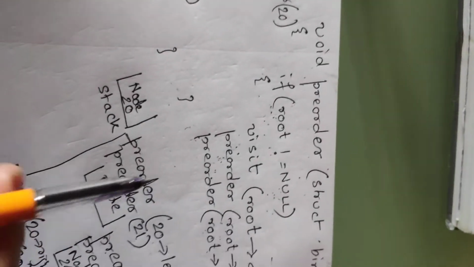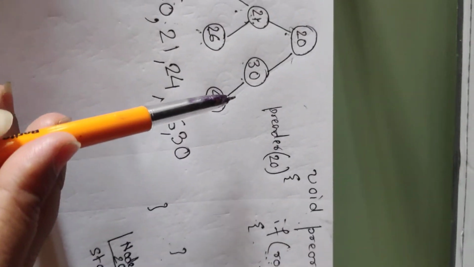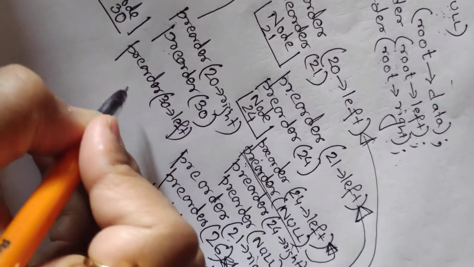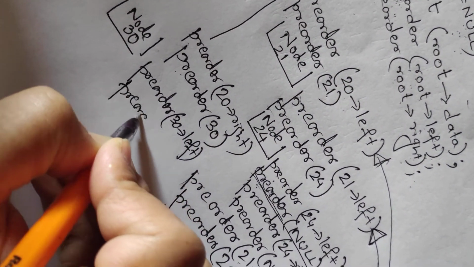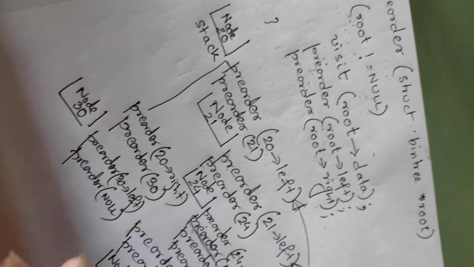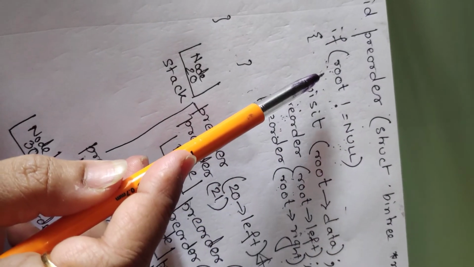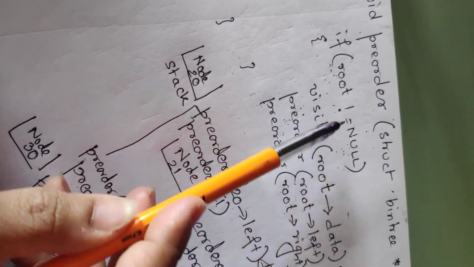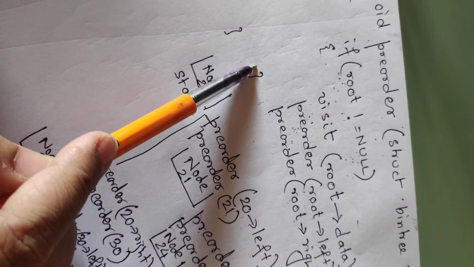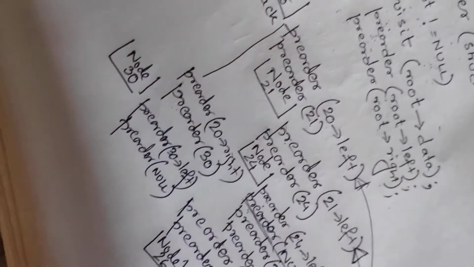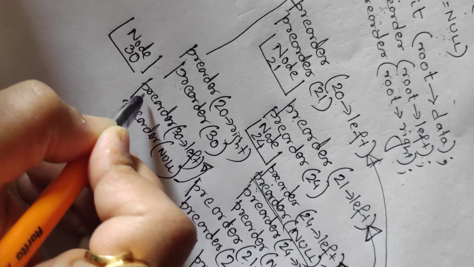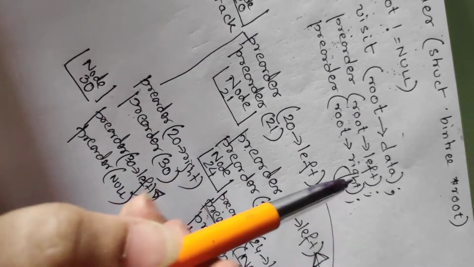Right? Now when you call preorder 30 left, let us see, 30 left is null. So you are actually calling preorder null. Now when you call preorder null, again that is a base condition, so nothing in this if condition is executed. So the control comes back to this point where you had called preorder 30 left.